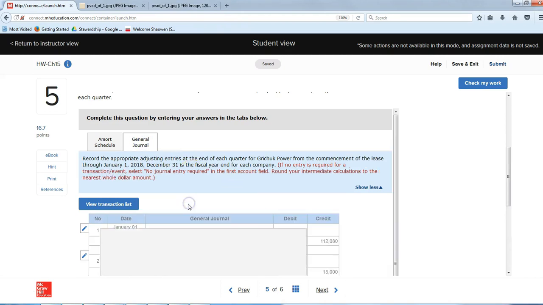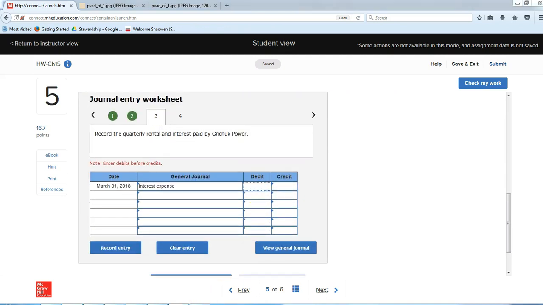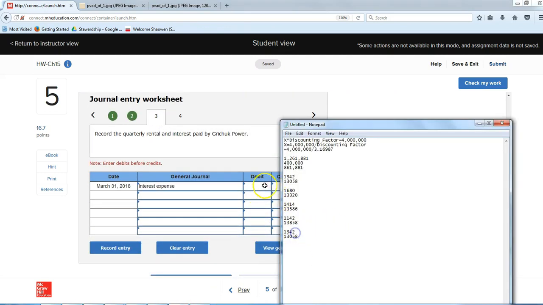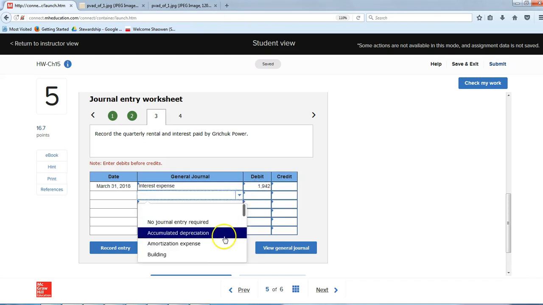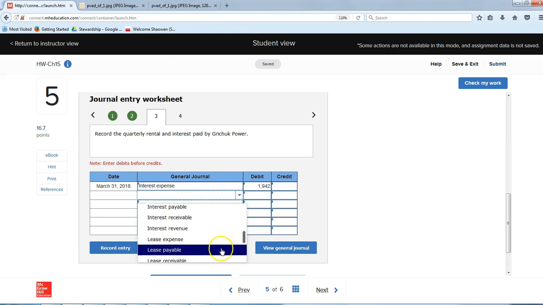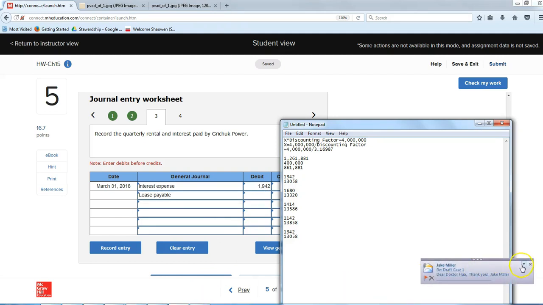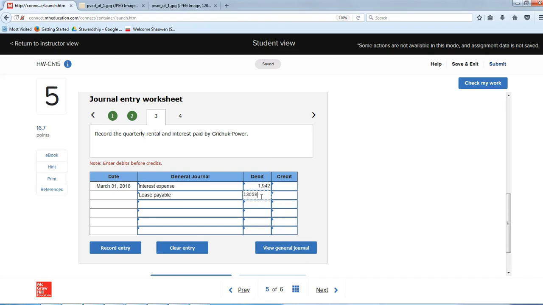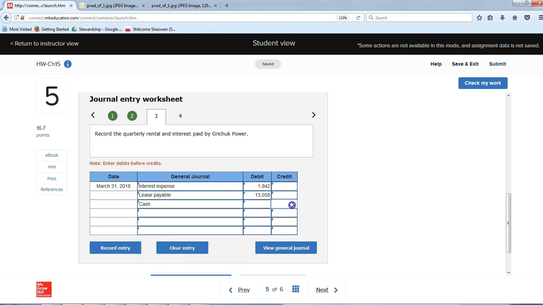Okay, so interest expense is 1942, and lease payable is paid off by 13,058. So totally it makes up the cash payment of the rent, $15,000.